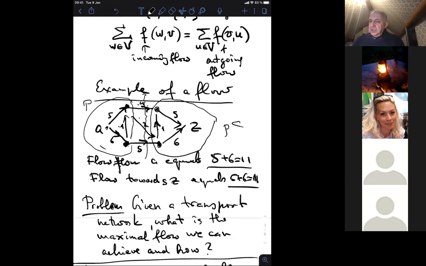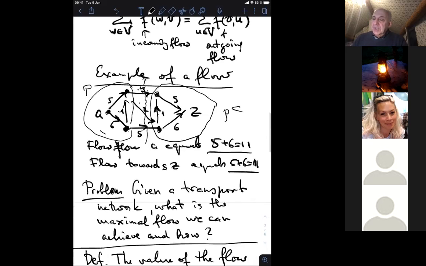So we have edges only going from P to P complement in this situation, so we take all of them with a plus sign. So we get 4 plus 2 plus 5, which is 11. And you see that's the same number we got from just looking at A and taking the outflow from A.